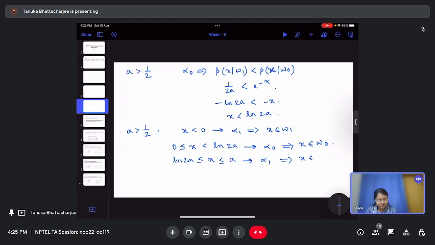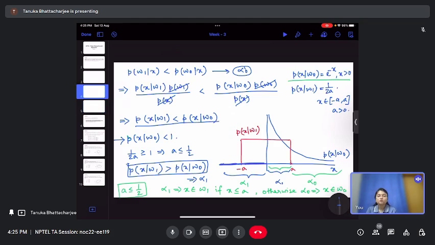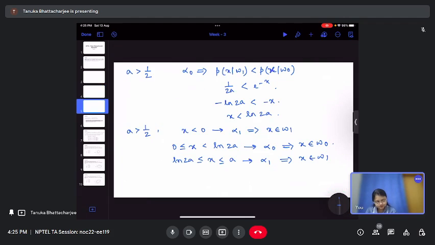So x is an element of omega 1. And lastly, above a, you have the action alpha 0. So if x is greater than a, you have the action alpha 0, that is x is an element of omega 0.